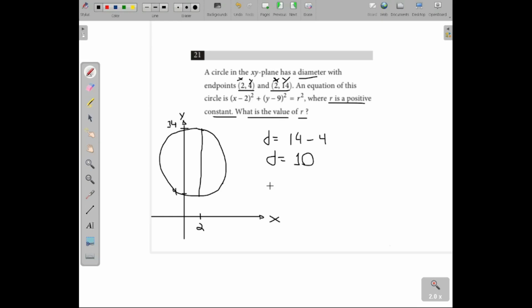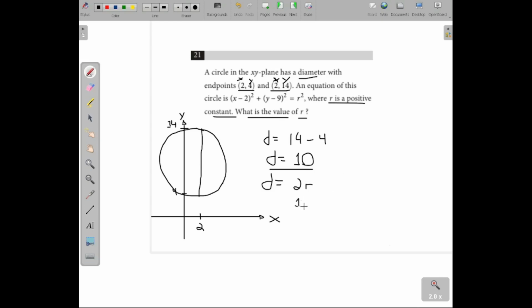and we know that the diameter, with this formula, is 2 times the radius. Now let's replace the value of the diameter.